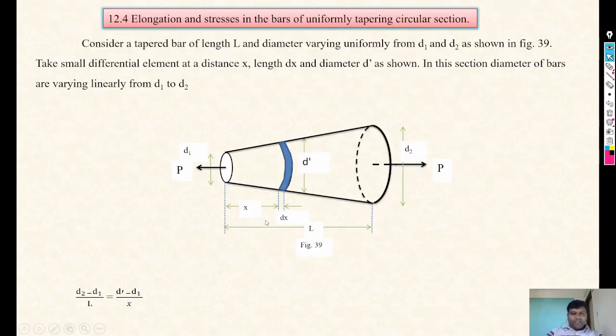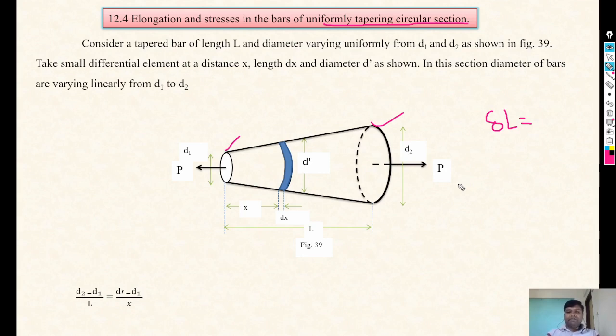As we discussed today, we are calculating the change in length for a uniformly tapering circular section. Here we are considering a circular section that is not constant from one end to the other end. In previous videos we focused on sections that are uniform from the first end to the last end, but now we are focusing on the tapering section.